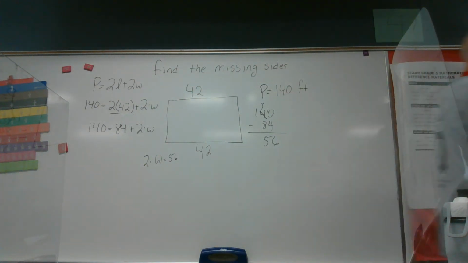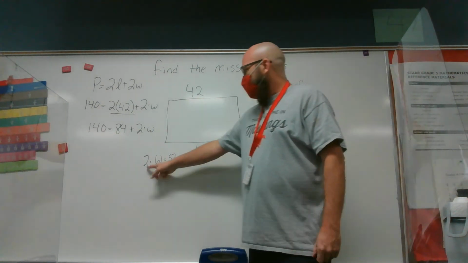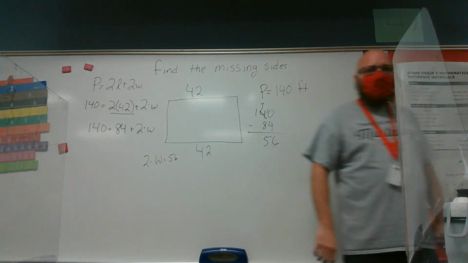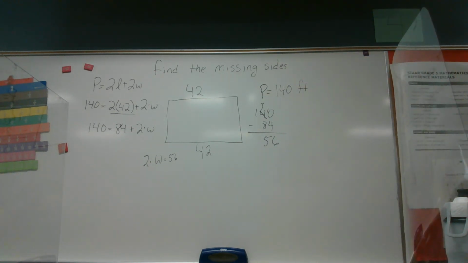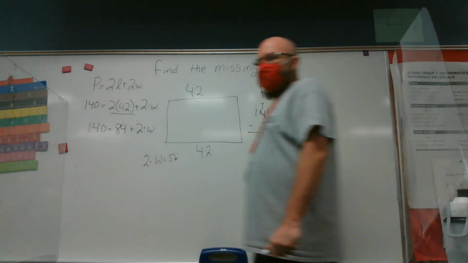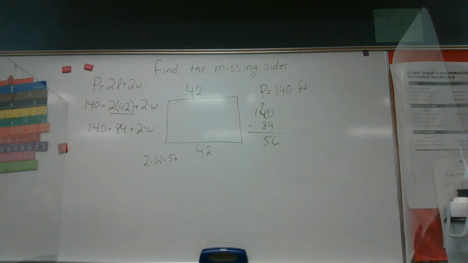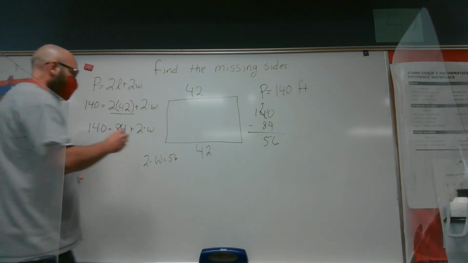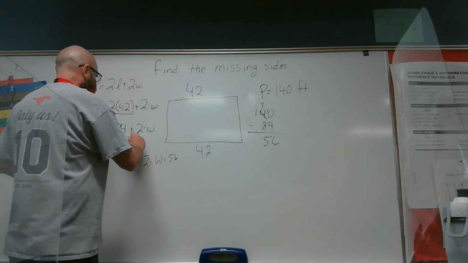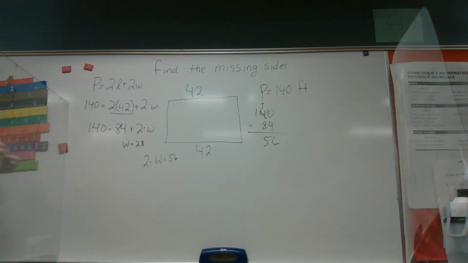So now I'm at the point where, if I know 2 times something equals 56, I can divide 56 by 2, and that's going to give me my width. If I divide 56 by 2, I get 28. So I think my width equals 28.